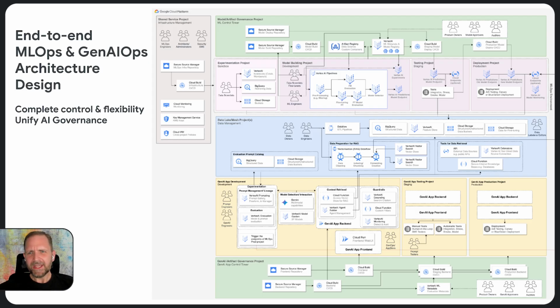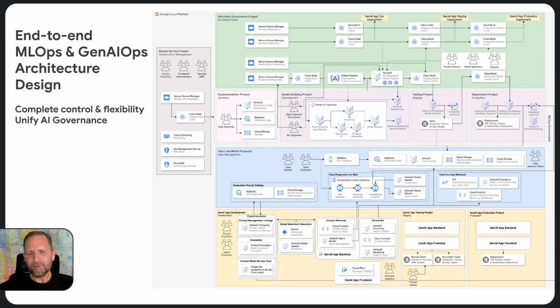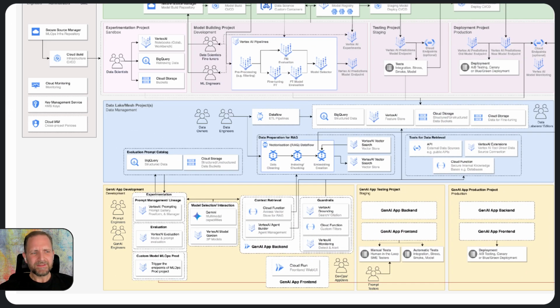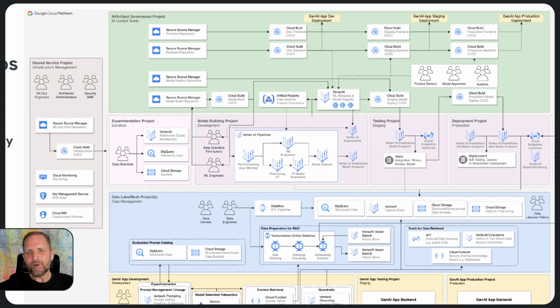So here I have an architecture design, a giant one, that integrates all the different components. At the bottom, we can see the GenAI application development, where we can have the agents. Then we have the data lake. Then if we want to fine-tune or train our own foundation model, we need to have MLOps. So here's the MLOps layer. And then at the top, I have a central governance environment, an AI governance environment.